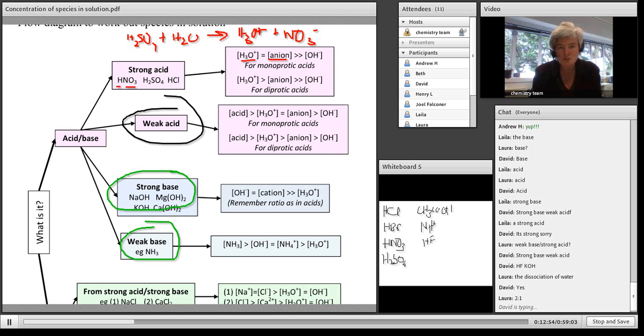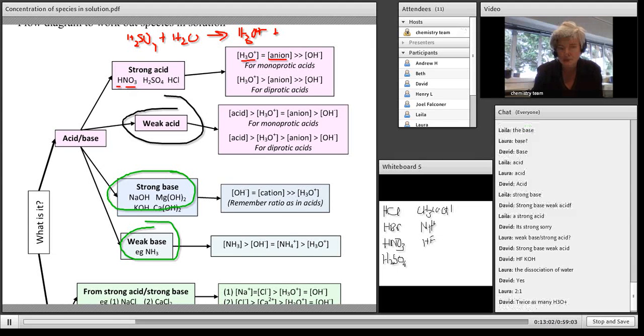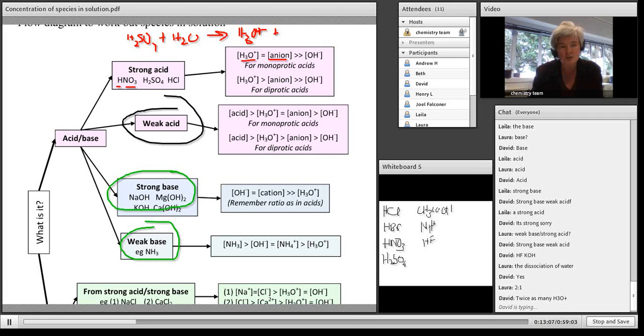Okay, 2:1, correct. So don't think you're always going to have a 1:1 ratio of hydronium ions to the anions. You have to look and see what my ratio is.